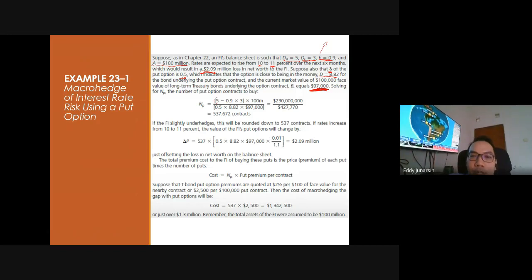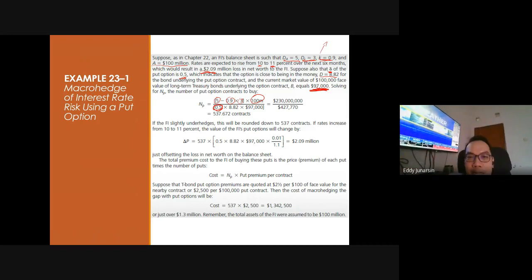So this is the duration of the assets minus the duration of the liabilities on the balance sheet, multiplied first by your debt ratio, multiplied by the size of your assets, divided by the delta of the option, dP/dB.